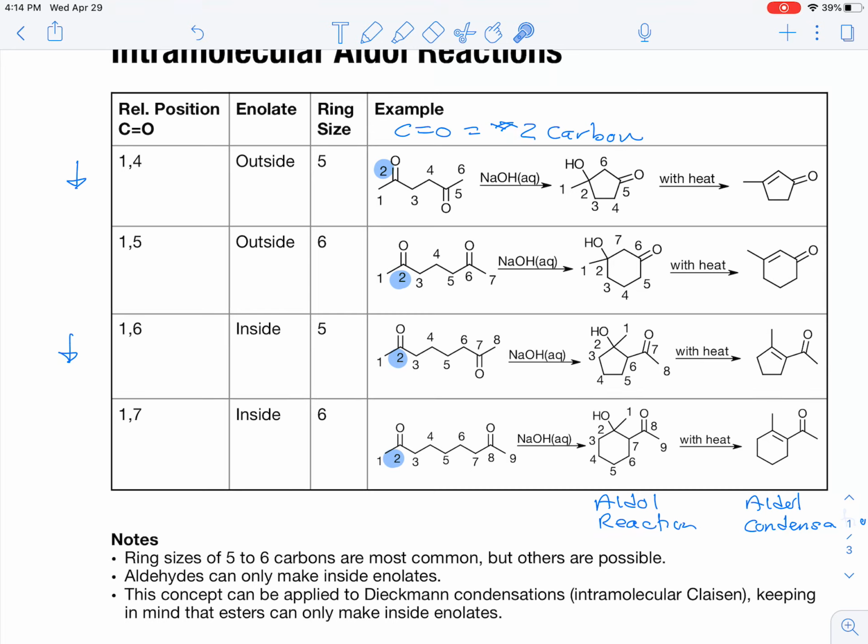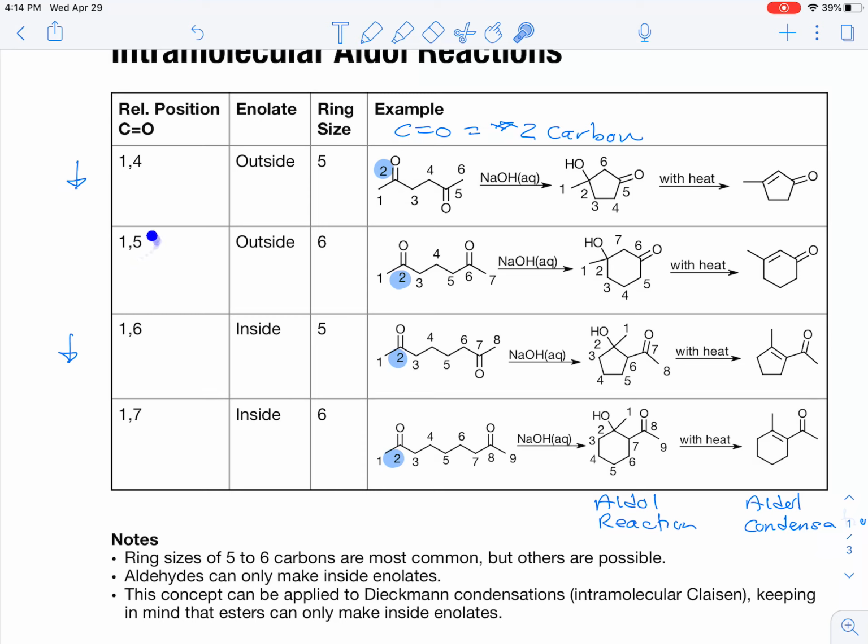So one additional thing I wanted to look at was the relative position of the 2 carbonyls versus the ring size. And if you look at the outside enolates, you can see a mathematical relationship. When I'm actually teaching live, I ask the class if they can see what the relationship is here, but I'm just going to tell you.